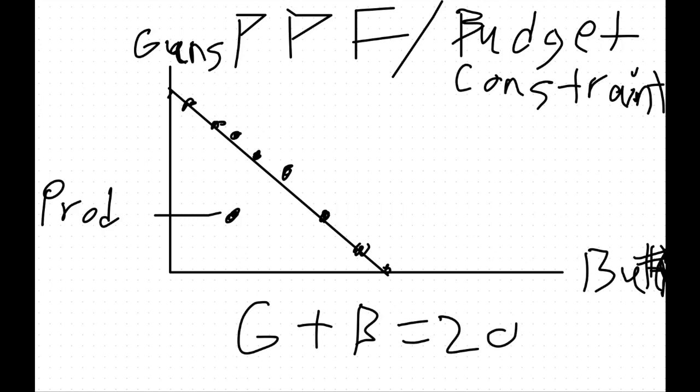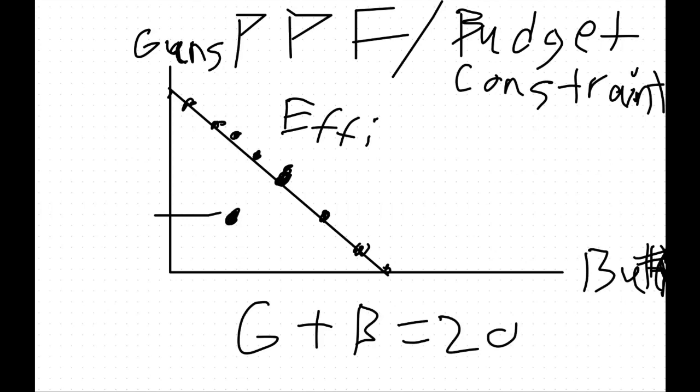Okay, so we're going to talk about three different sets of points. The points on the PPF are what we're going to call productively efficient. These are good points, because they're points where you're producing the maximum amount you can. There are also productively inefficient points.